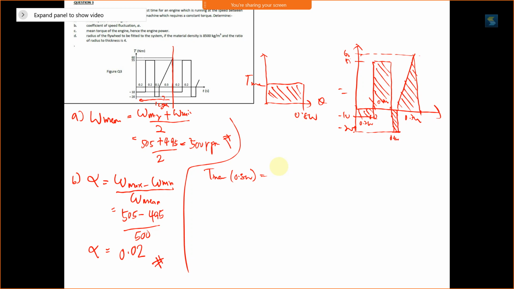So T mean, left hand side must equal right hand side. So we have -10 times 0.2 omega, isn't it? And then plus 55 times 0.2 omega minus 20.